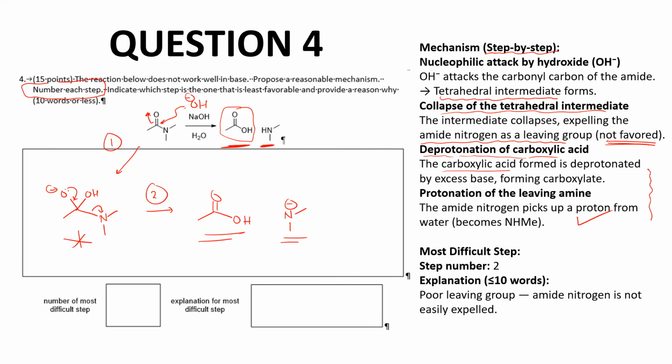And the difficult step is step number 2. And explanation, it's a bad leaving group. The N minus is a bad leaving group. Hey, perfect. That's fine. So really, although ChatGPT didn't provide the pictures that I wanted, because I'm not sure it's capable of doing that, this was a very reasonable answer. So, well done, ChatGPT.